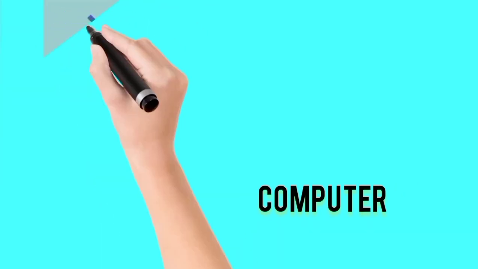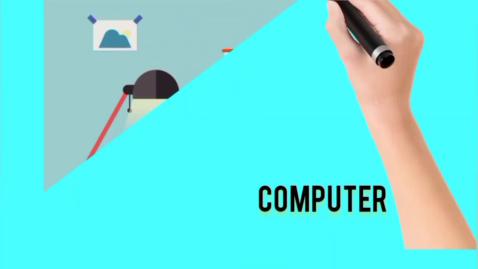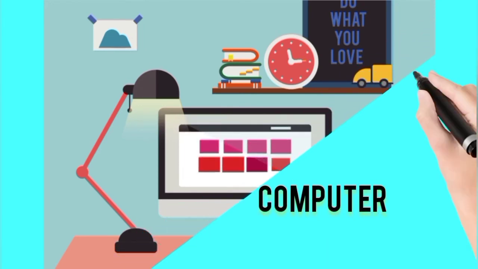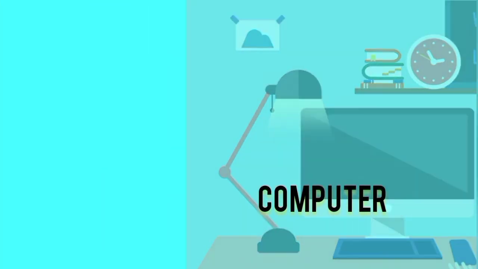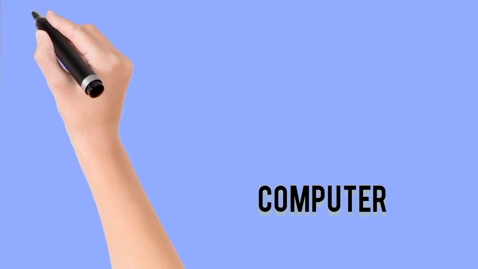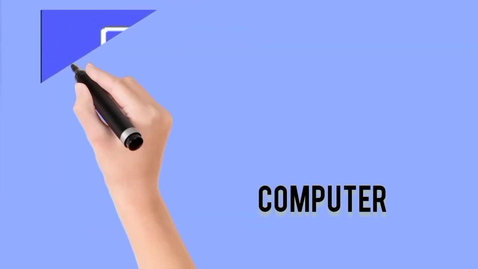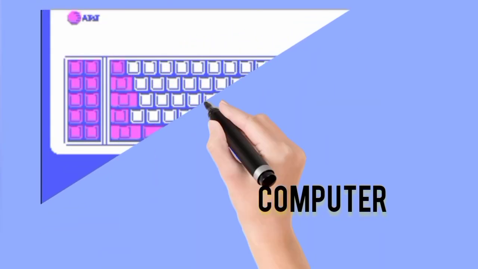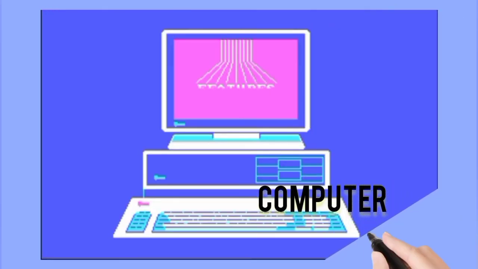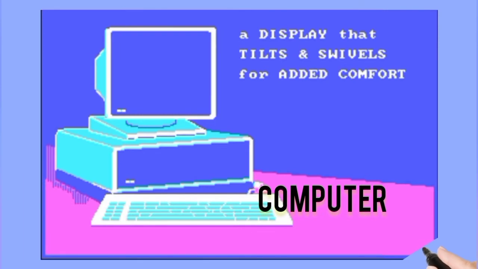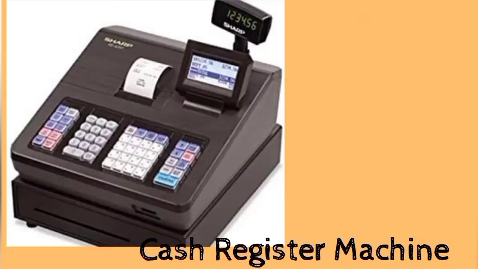A computer can be used to prepare bills. It could be documented and then typed out, given to the consumer or customer to settle his or her bills after the transaction. So a computer can be used.